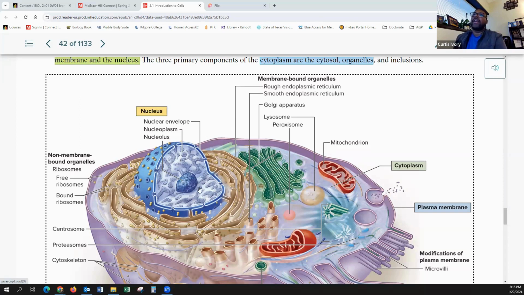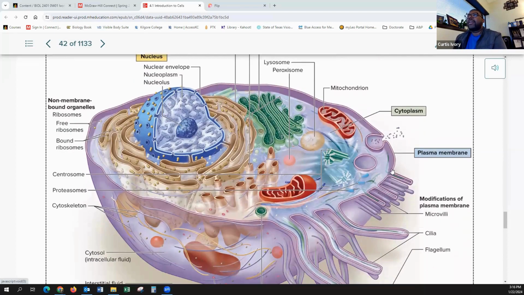Muscle cells will have a ton of mitochondria, because they are constantly needing energy. Bone cells may not have very many mitochondria at all. So it depends on where that cell is actually located.